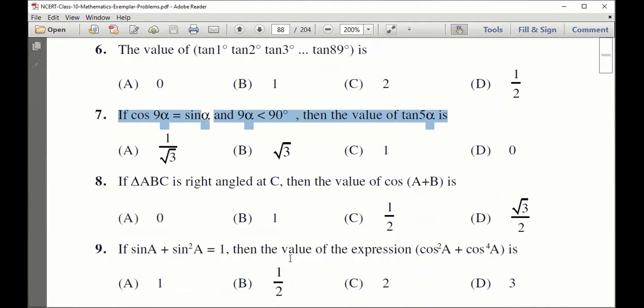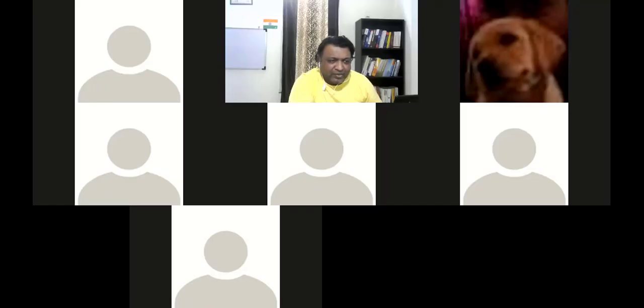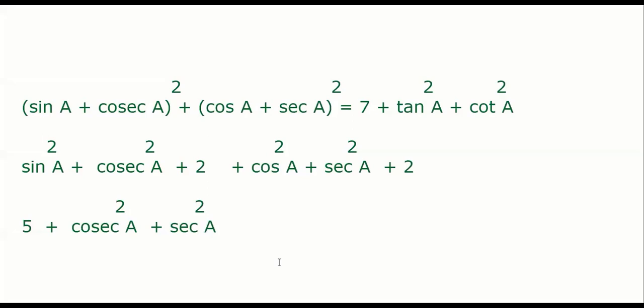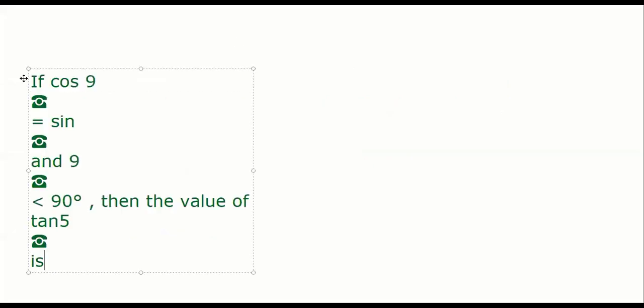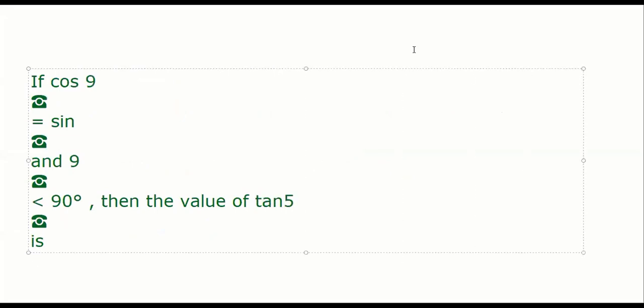Let's solve this question today now. I said yesterday that once we learn those angles, we'll be able to do it easily. Let's see.